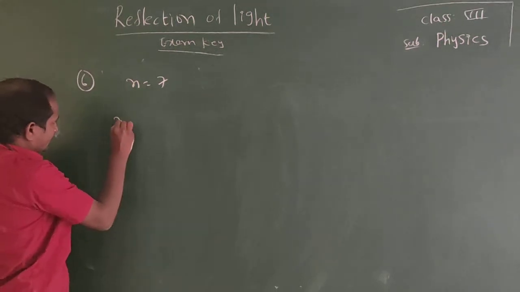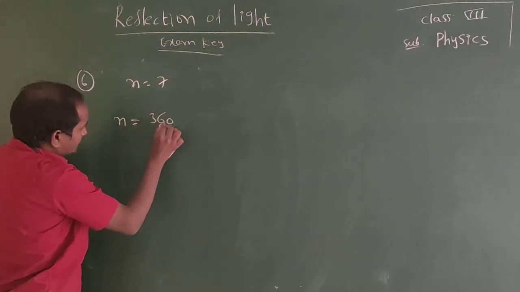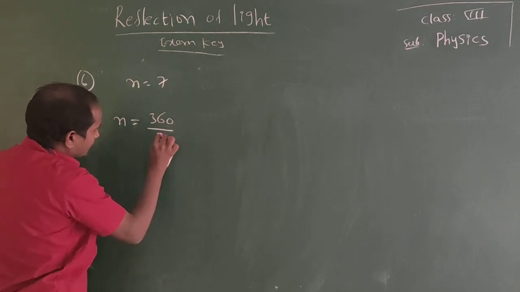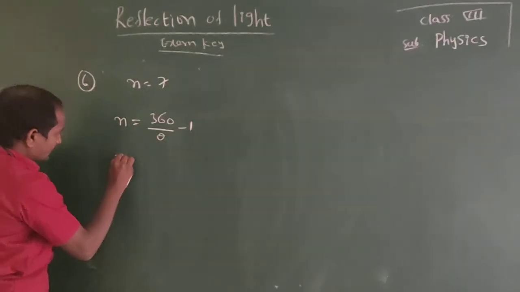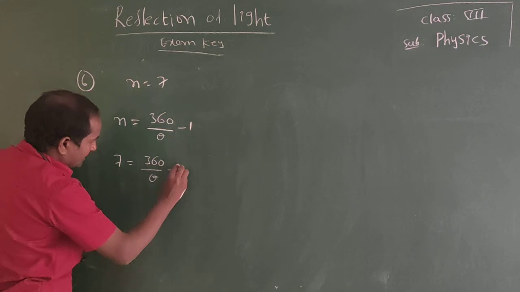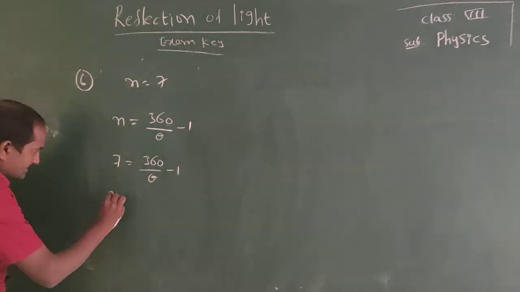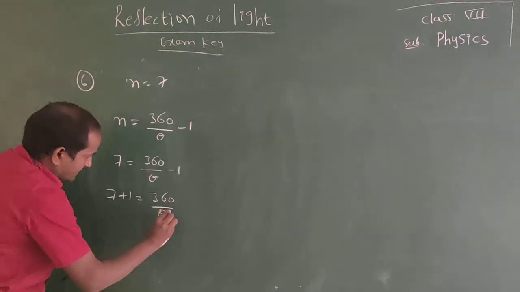So we know that to find the number of images, we can use n equal to 360 by theta minus 1. Here n is 7. So 7 equal to 360 by theta minus 1. Minus 1 coming to this side becomes plus, so 7 plus 1 is equal to 360 by theta.